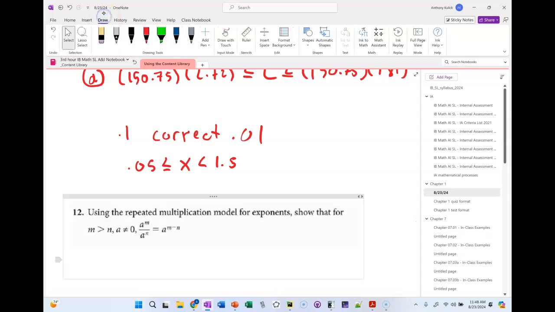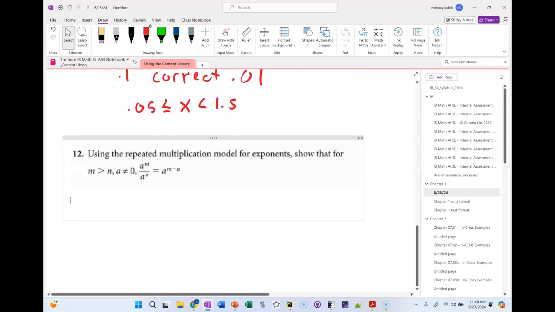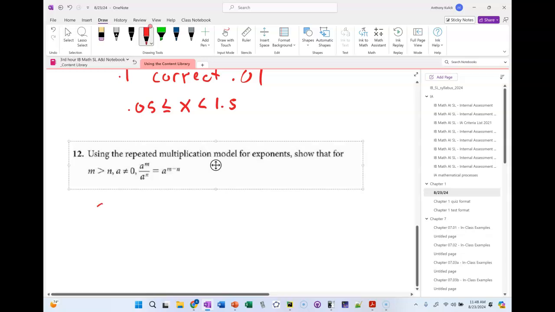Okay. It says use the repeated multiplication model for exponents to show that for m greater than n and a not equal to 0, a to the m over a to the n is equal to a to the m minus n. So this is the idea. I know that an exponent is repeated multiplication, right?